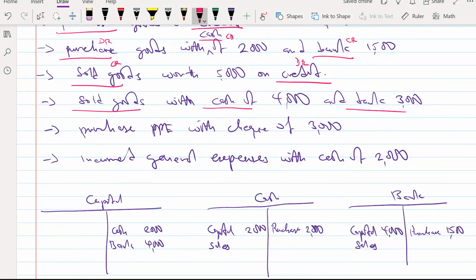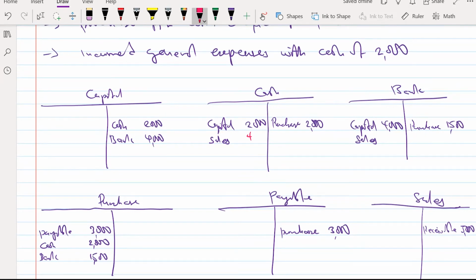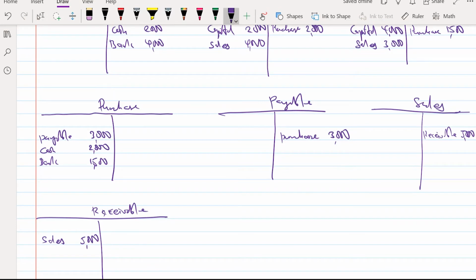This is a credit entry, and this is affecting assets, because cash is receiving and bank is receiving, so again we are debiting and debiting here. In that light, we have 4,000 and 3,000: cash 4,000, bank 3,000.